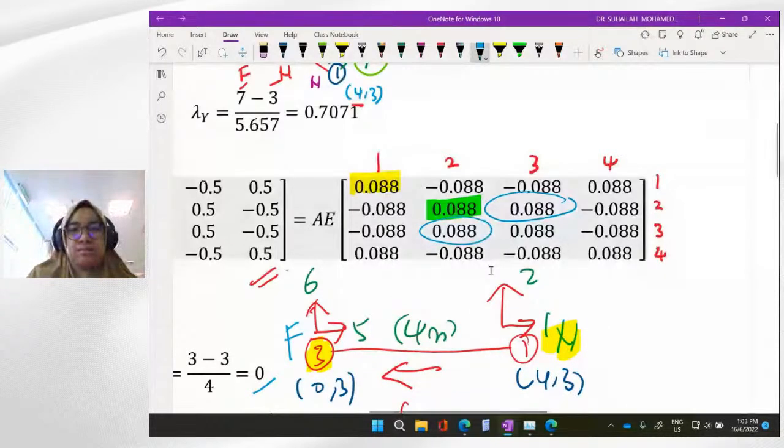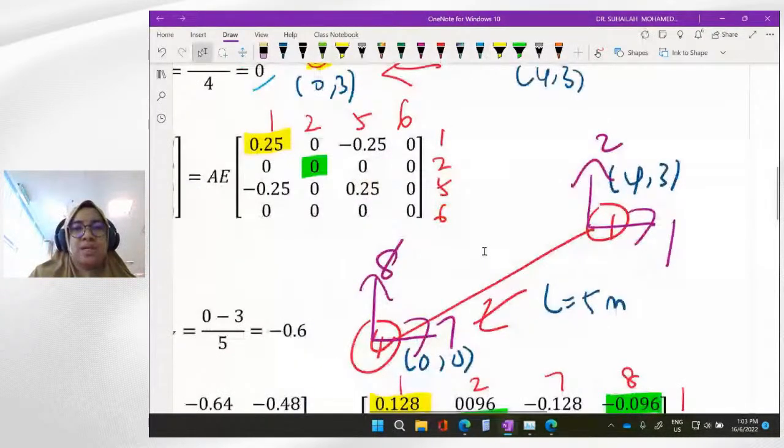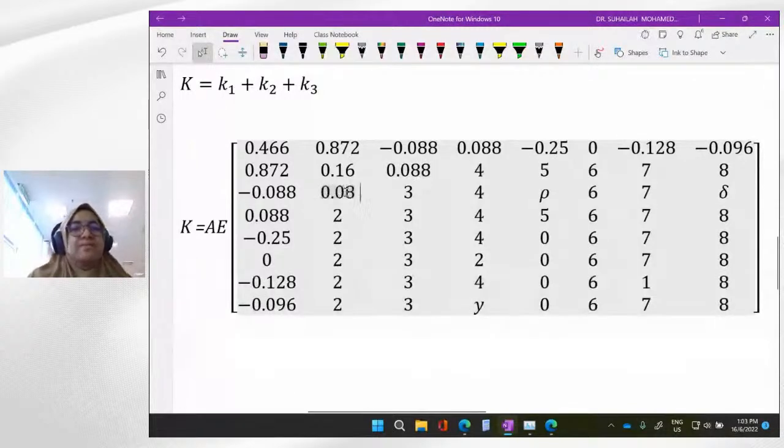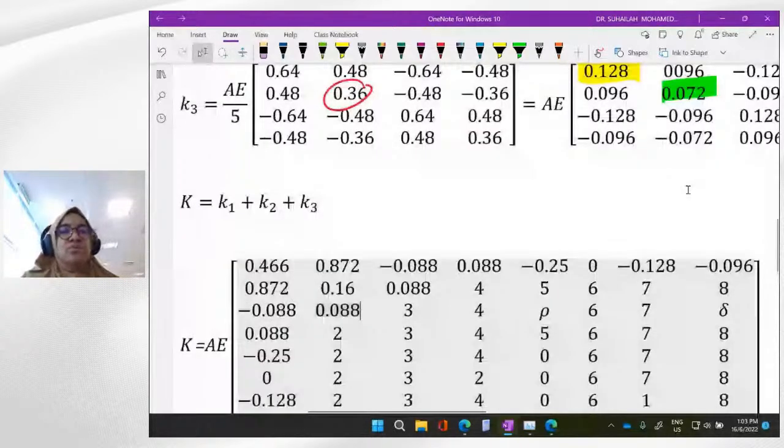It is 0.088. Same goes to this. And then we continue to find 2, 4, 2, 5, 2, 6, and so on. We have to do the same to get all the values.